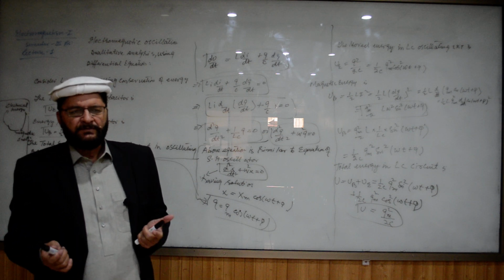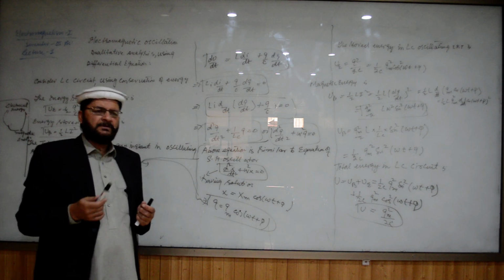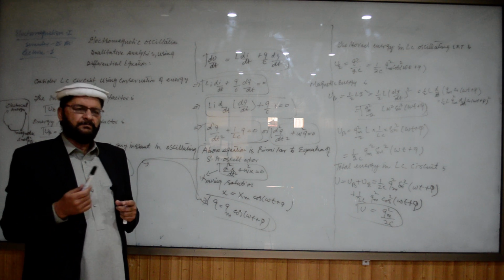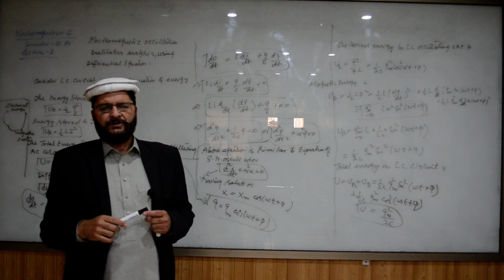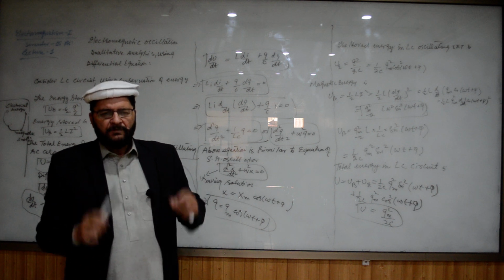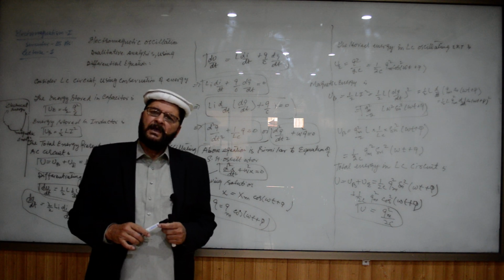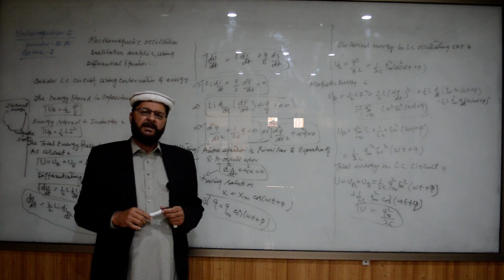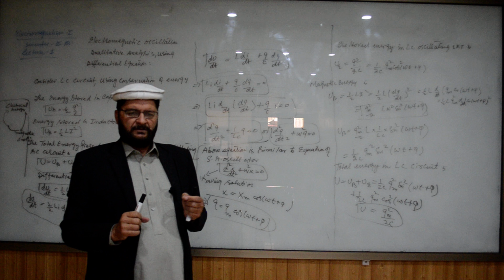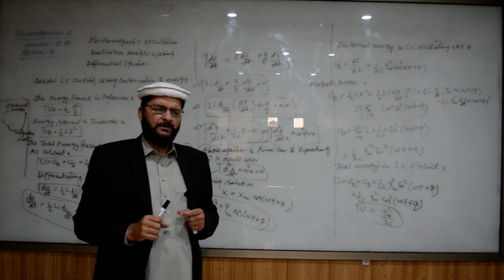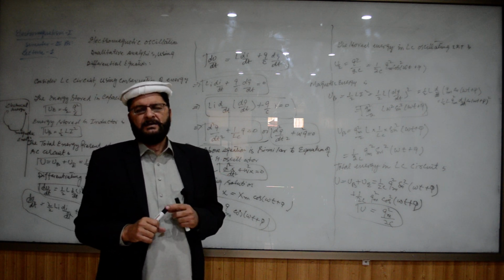Now, as the flow of current continues, it will be used again in charging the capacitor. When the whole of the energy in the inductor goes to zero, at the same moment the capacitor, where there is an electric field, will have maximum energy.